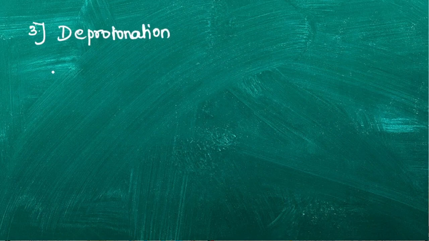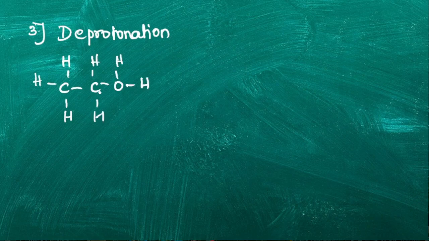In the previous step, the compound that we had was CH3, CH2, O, H, H. Deprotonation means, since it is positively charged here, that proton you are going to remove.